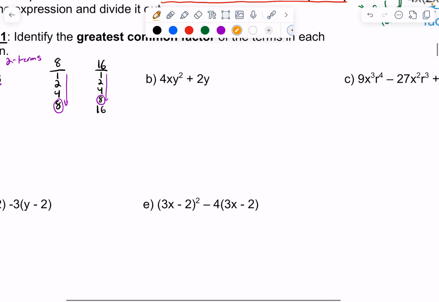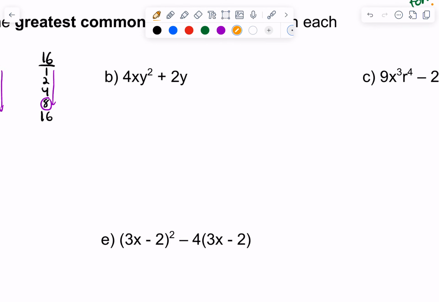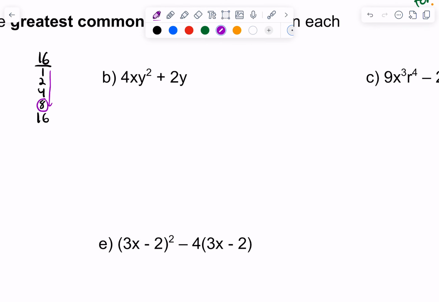Let's look at example B. Go through the common. You can underline. So here are our numbers. I see that I have a y and a y here. And then there's an x here, but there's no x on the other side.